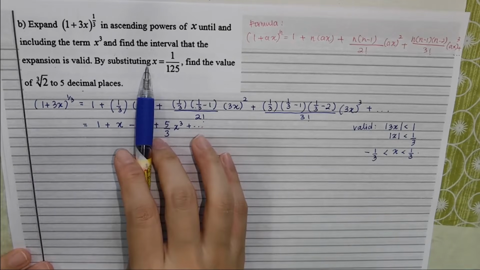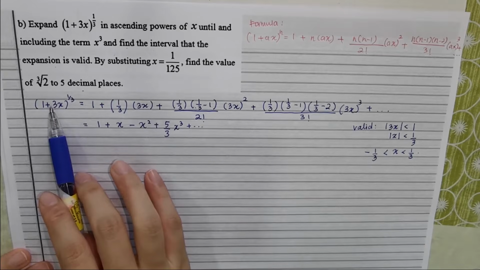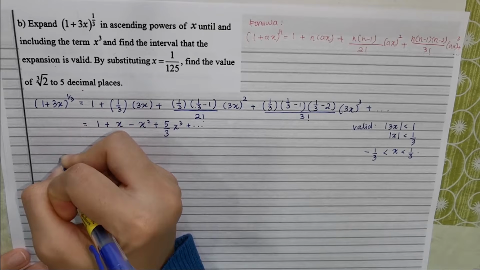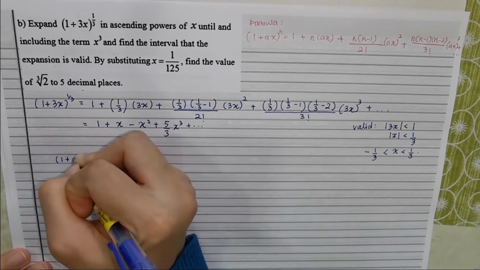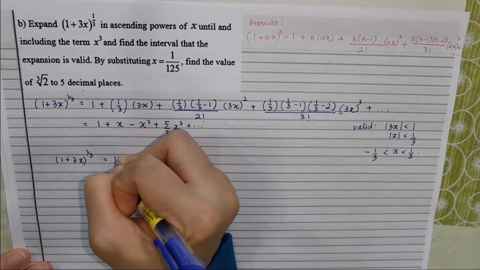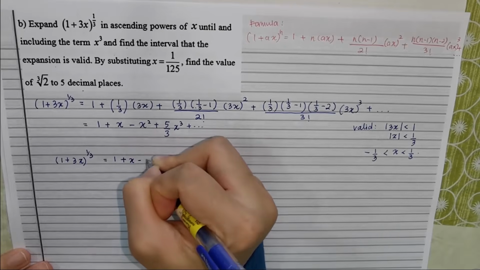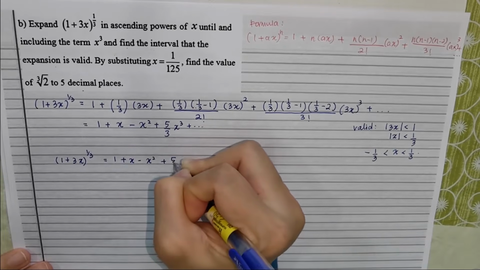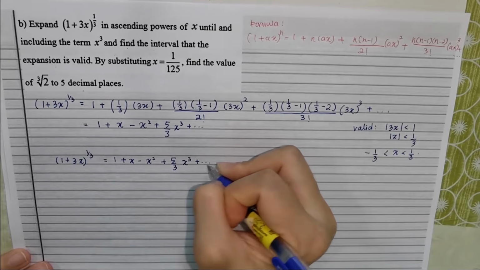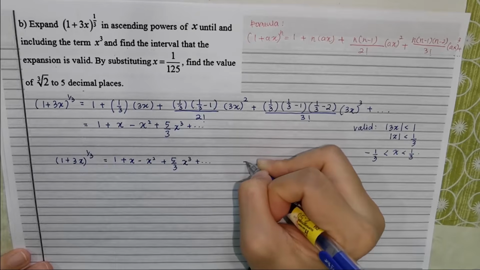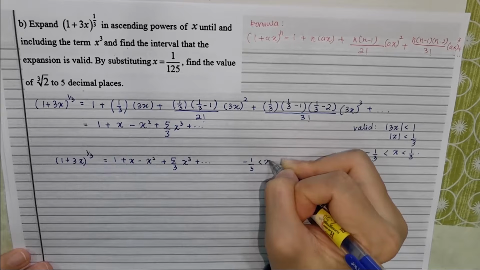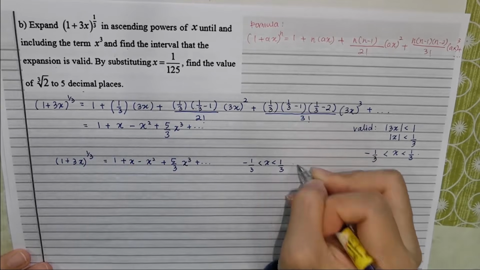Before we can substitute x, we have to gather the information from the previous part, which is the expansion of (1 + 3x)^(1/3) equals 1 plus x minus x squared plus 5/3 x cubed plus triple dot, valid when x is between negative 1/3 and 1/3.